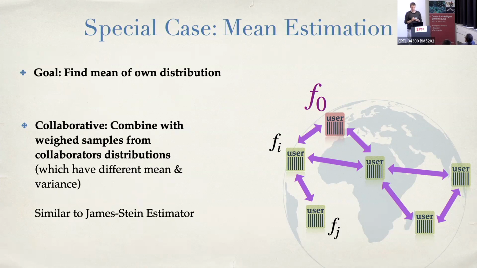So if they give me these additional samples from a different distribution, does it make me faster to estimate my mean? That's another special case of this question. And again, you need to make some assumption that the true means are not too far away and so on. But if they are, then yes, you can accept the help, accept these additional samples, and hope to be n times faster when you have n collaborators.